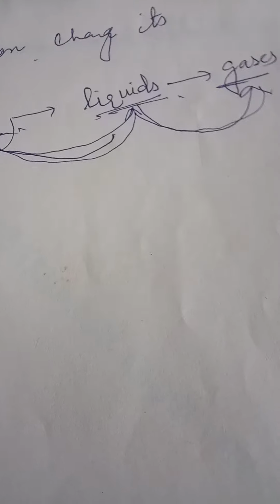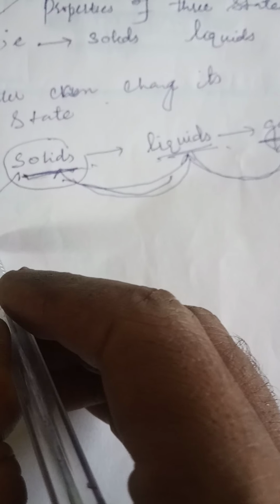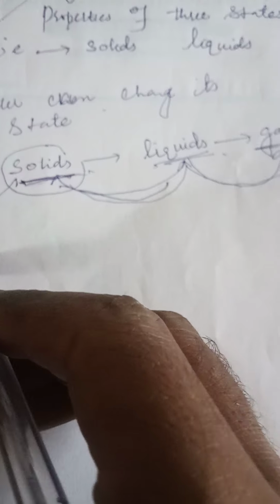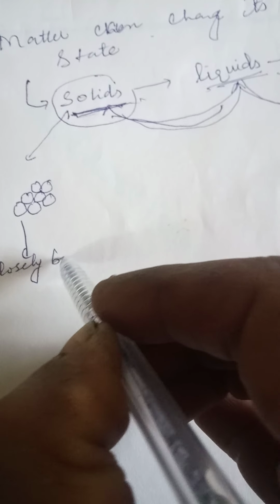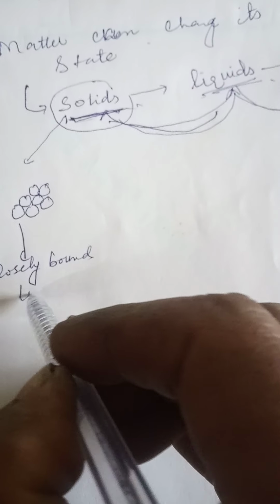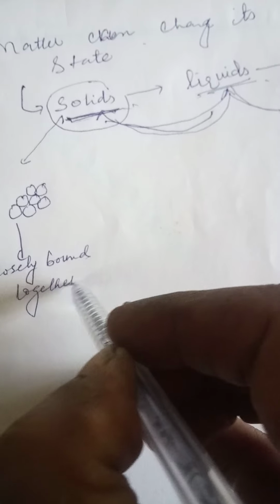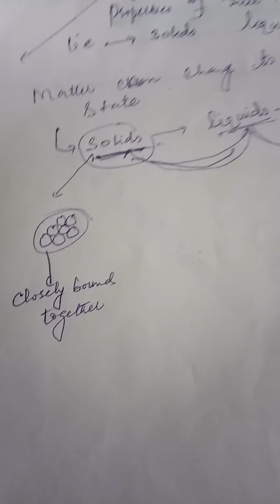Now if we take the solid, the arrangement of constituent particles in a solid is like this. They are closely packed together, closely bound together. This is the arrangement of the solid state of matter.